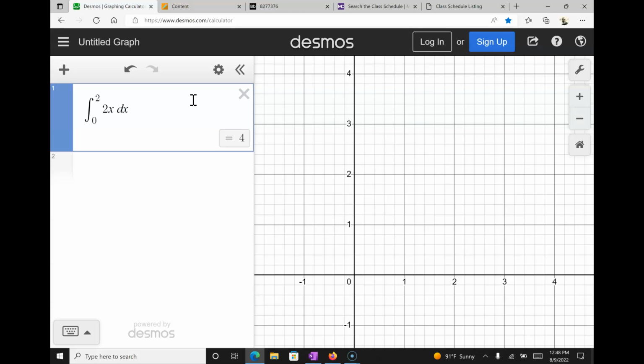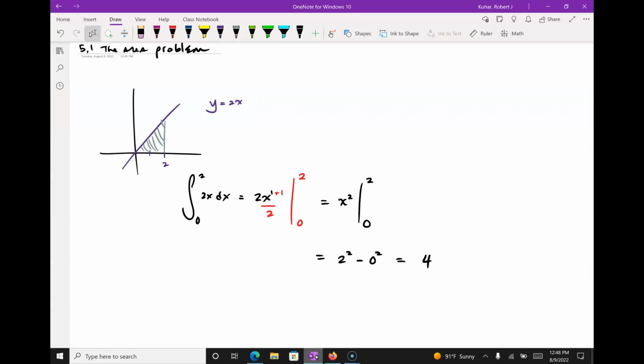Yes? Yes. That's so I'm calculating the area, the original function at the endpoints, and then subtracting them.